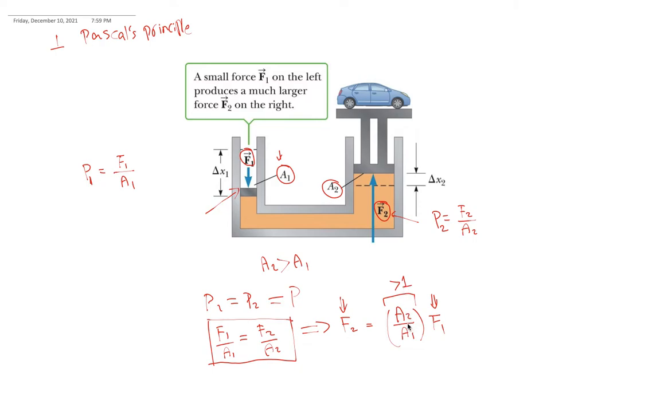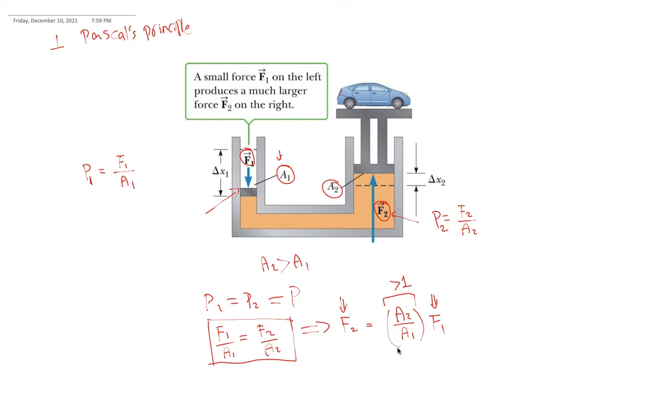For example, if A2 is twice as large as A1, then A2 over A1 will be 2, and F2 will be 2 times F1. It means even if you apply, for example, a 10 Newton force, on the other side it will apply a 20 Newton force. Your force will get multiplied by a factor of 2.